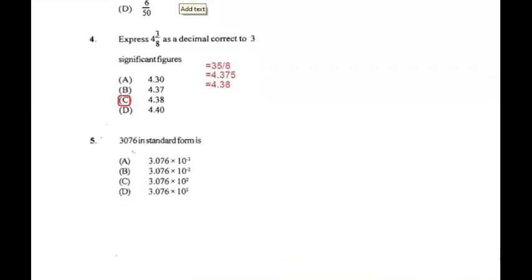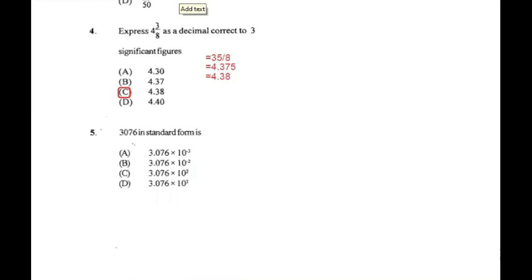Number 5, 3076 in standard form is. With standard form, the decimal point should be behind the first significant digit. Standard form is just an easy way of writing down large or small numbers. So the decimal point will be moving from behind the 6, and it will be moving 1, 2, 3 places to be between the 3 and 0.